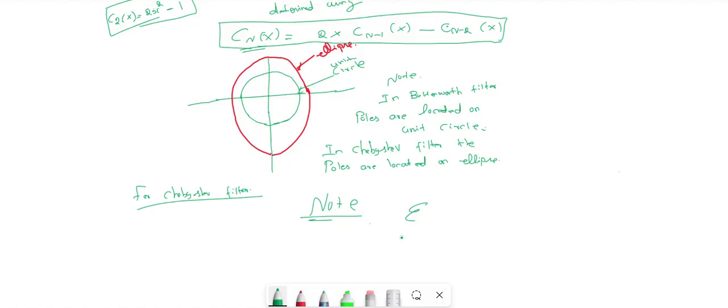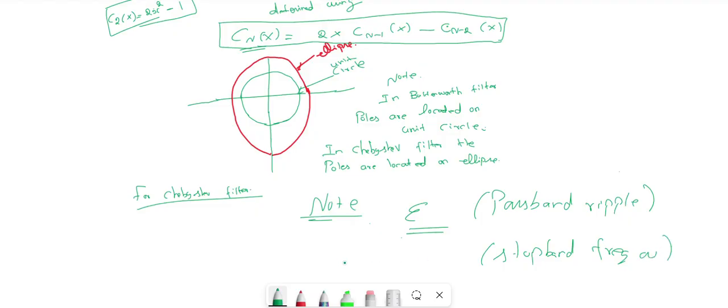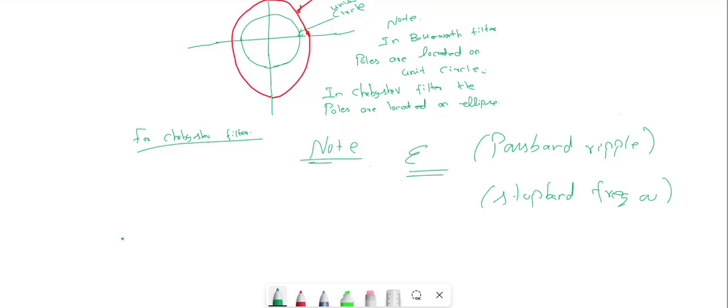And if an attenuation in the passband ripple is specified, then you can calculate epsilon. And if attenuation is specified at a stop band edge frequency omega, you can use this formula to determine the order of the filter, 20 log 10 epsilon plus.